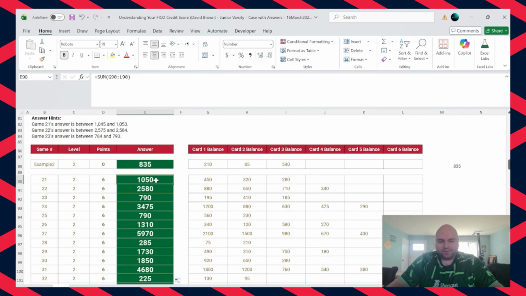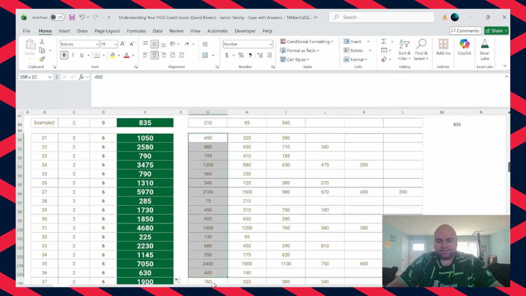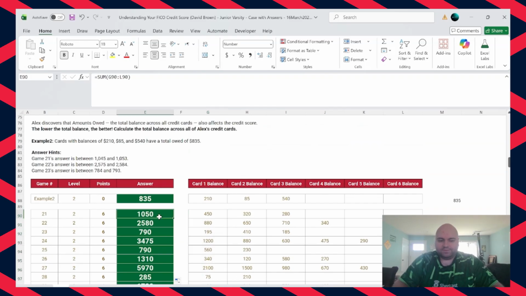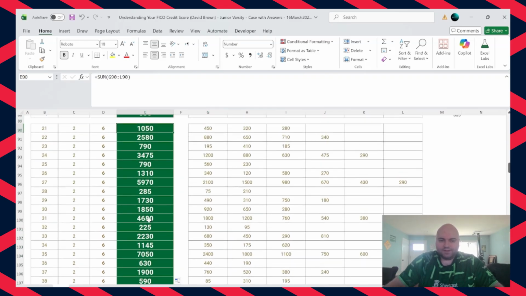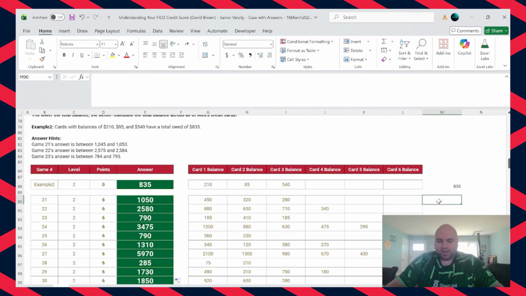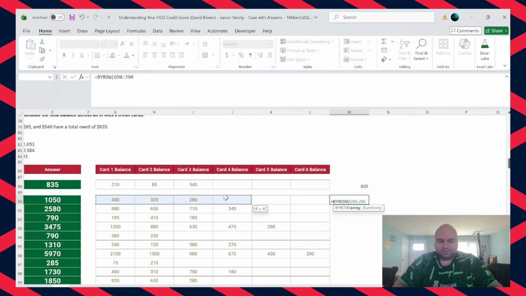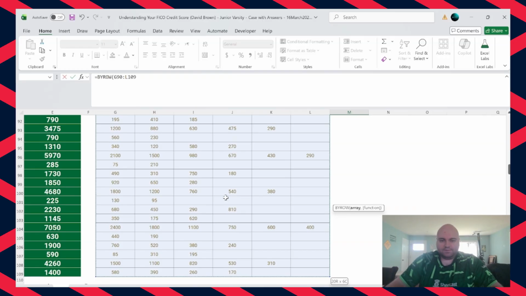Let's say that you're an enterprising individual and want to try to get all of these answers in a single formula. In other words, one formula that spills down all the way over here. That is where BYROW would come in handy. So just to demonstrate BYROW, let's select the array, this entire array.